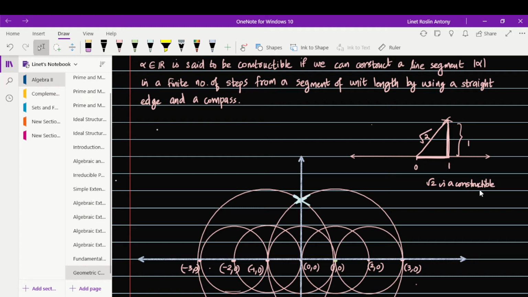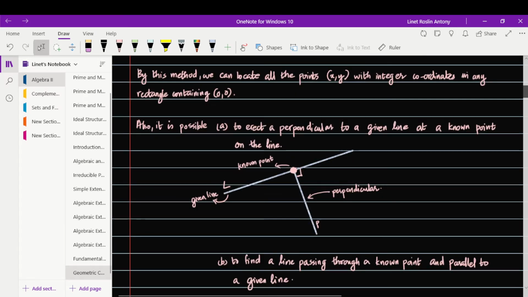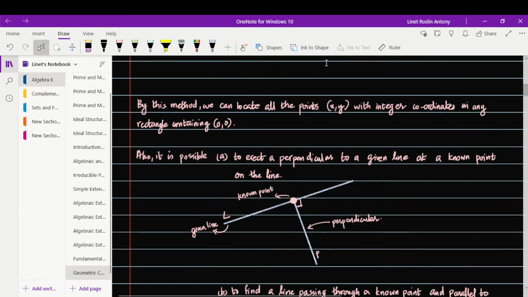Real number, and the general form of any root being constructible will be seen after some time. Okay, so as we said, by this method we can locate all the points (x, y) with integer coordinates in any rectangle containing (0, 0).